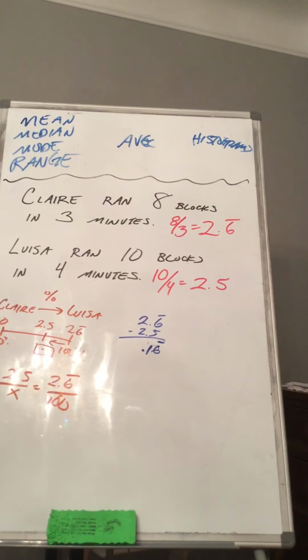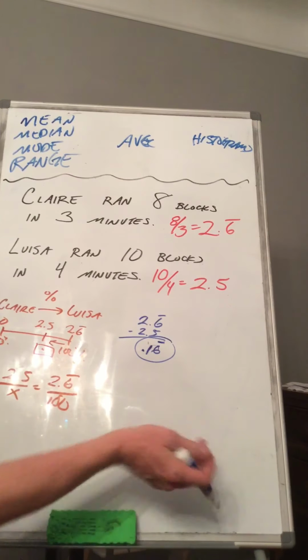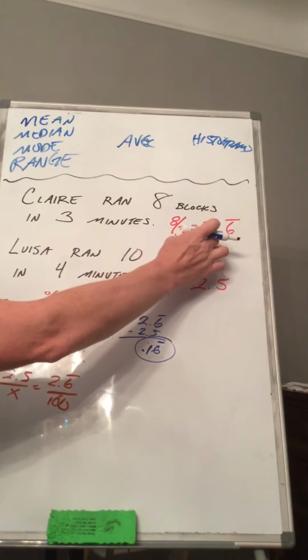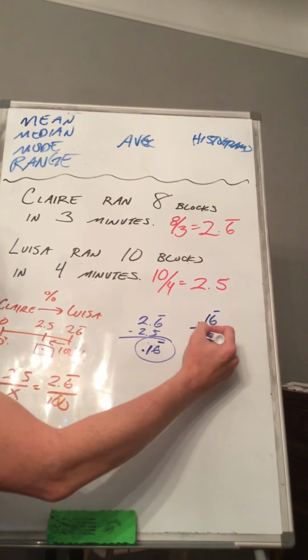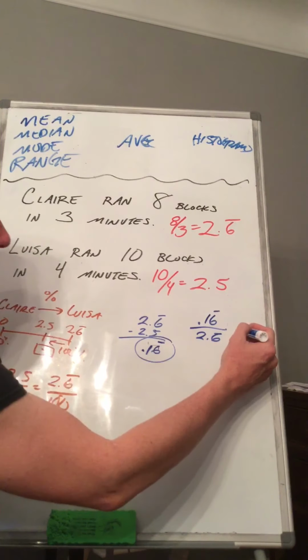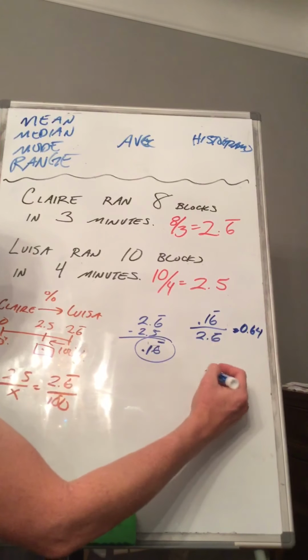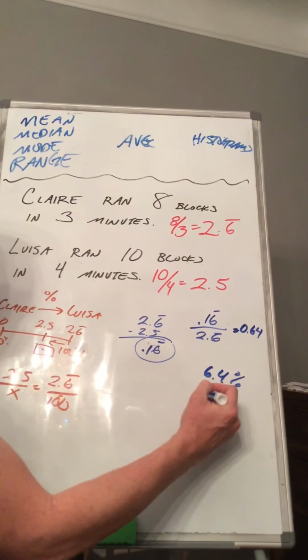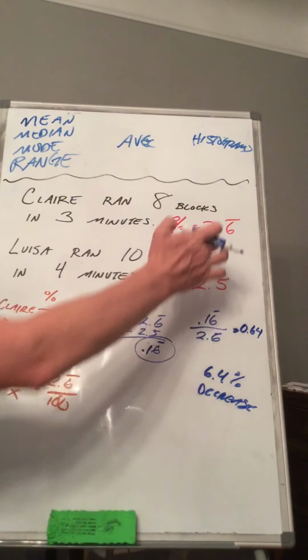Okay, so then this is my change, and my change is per my start, and I'm comparing Claire to Louisa, so that would be divide that by 2 6/10, and it is roughly decimal 0.64, so it is a 6.4% decrease from this to this.